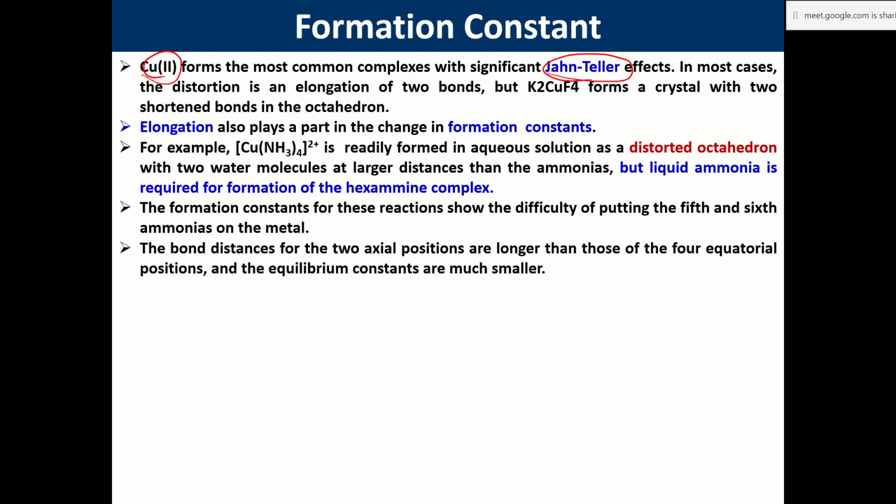Cu(H2O)6 will have two long bonds. Along the z-axis, these are the two long bonds, and the rest of them are shorter.